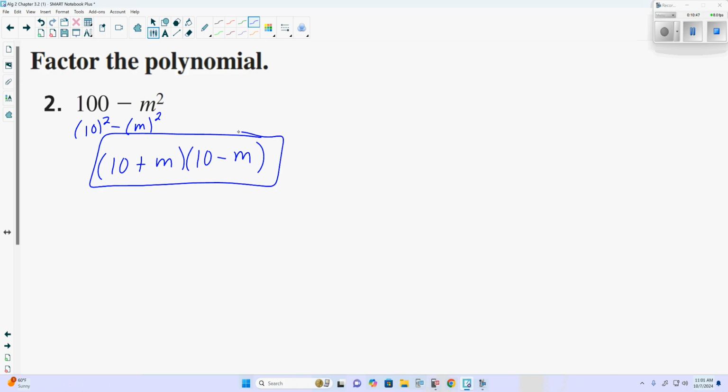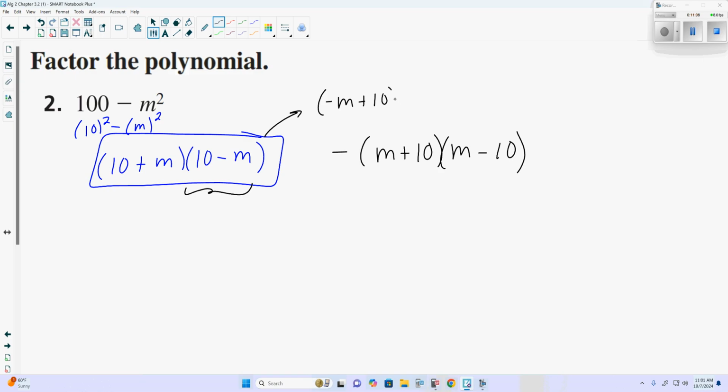Now, if we wanted to put the m first, it'd be negative m plus 10 times m minus 10. The reason we have the negative out front is I have to change this, so it would go to negative m plus 10 times negative m minus 10.